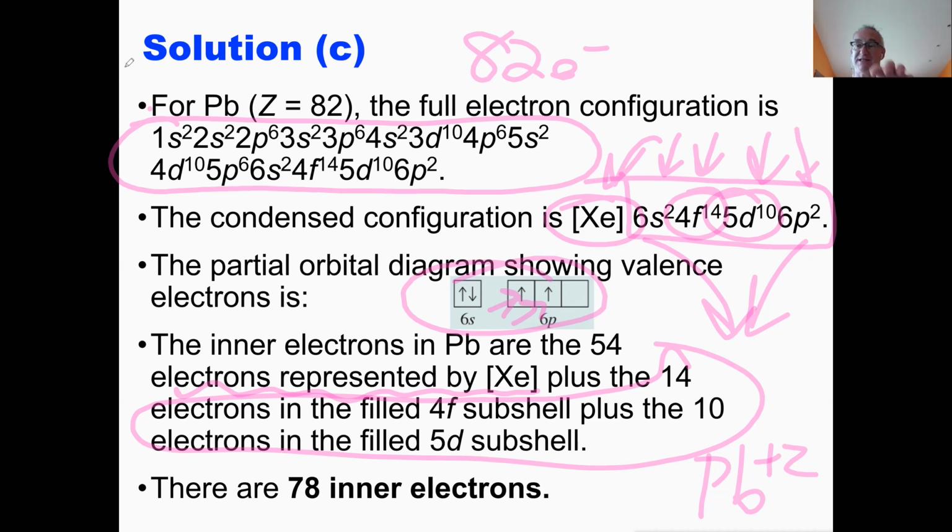So you fill up 6s before you fill up 4f. And then after the 4f is filled, then you fill up 5d, and then you fill up 6p. So that's the order that you actually fill the electrons in. You can write these in any order you like, really. But since those lower levels are completely filled, we're only dealing with the 4 electrons in the outermost shell as being the valence electrons.